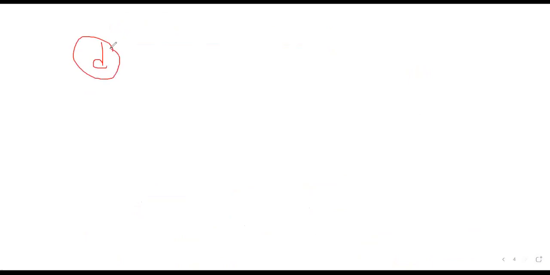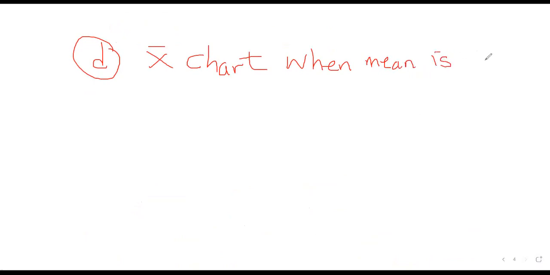Number D is our X bar chart, when the mean is known but the standard deviation is not known.